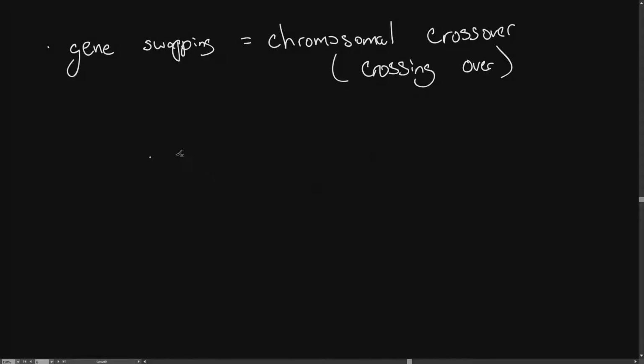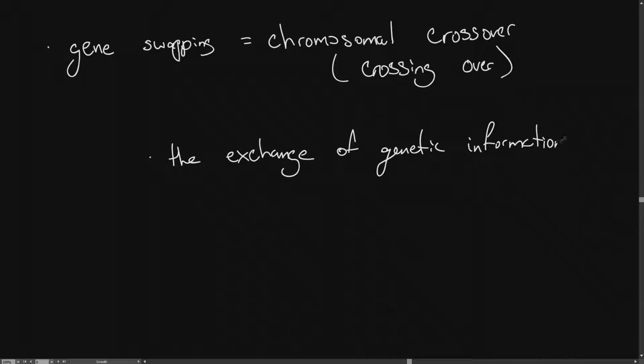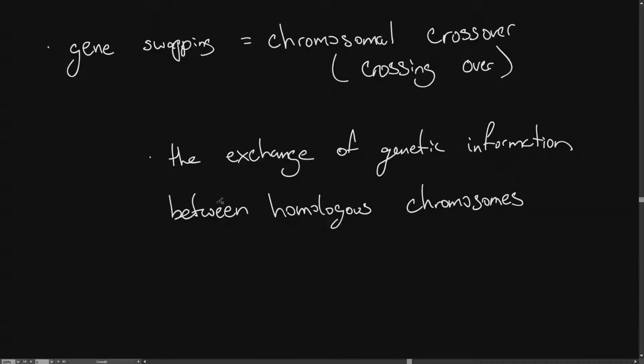And this is the exchange of genetic information between homologous chromosomes. And this exchange of genetic information, we call this genetic recombination, and this allows for most of the genetic variants that we see in life.